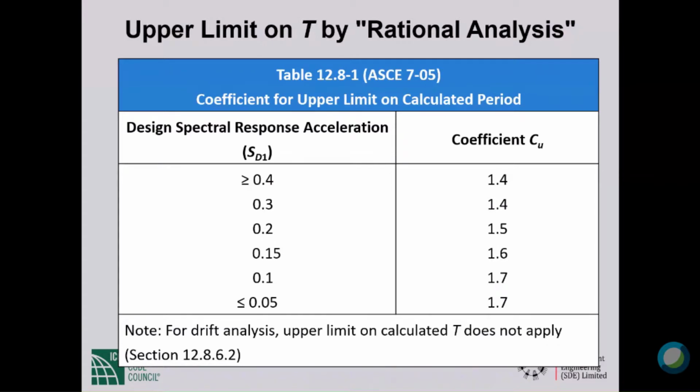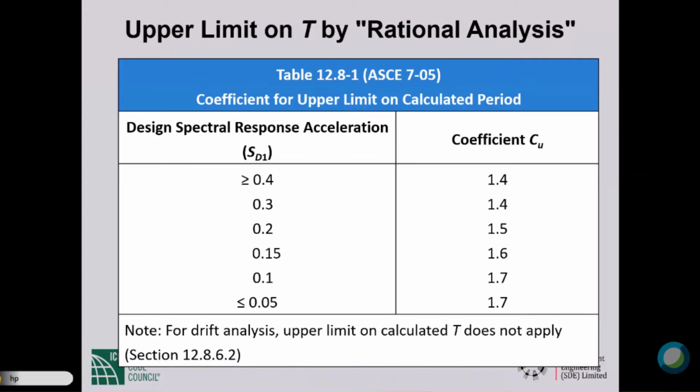ASCE 7 says something that is pretty important. In force calculations, you are always restricted to no more than 140% of the approximate period. In ASCE 7-05, that restriction need not apply in drift computations, because in drift computations, if you go with larger values of period, you will be penalizing yourself.